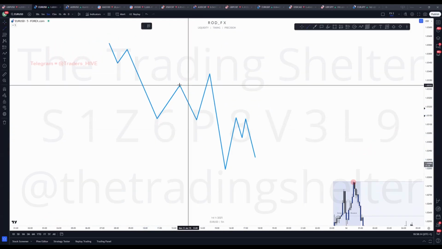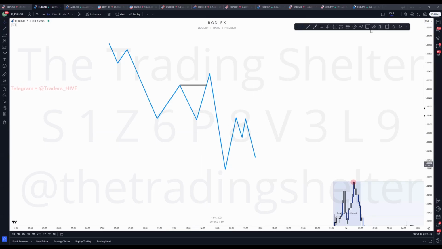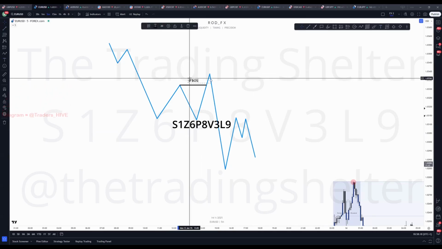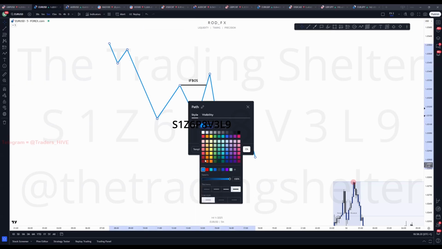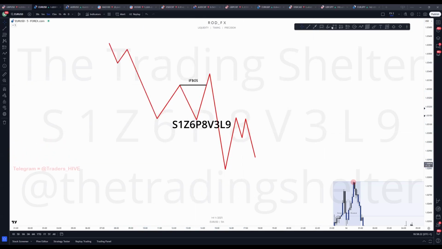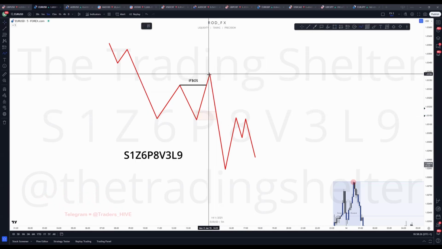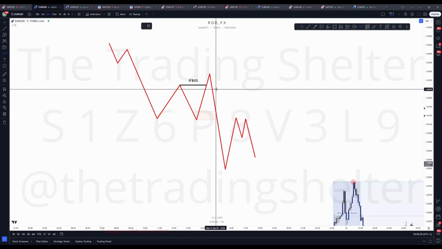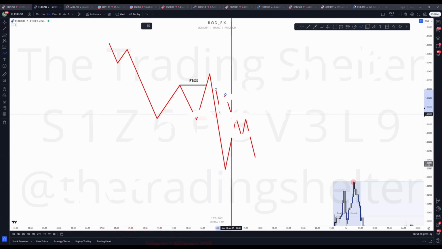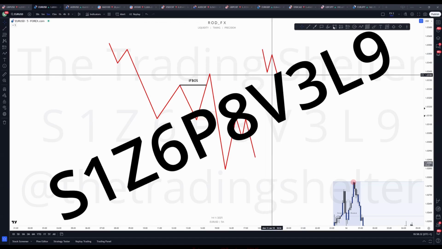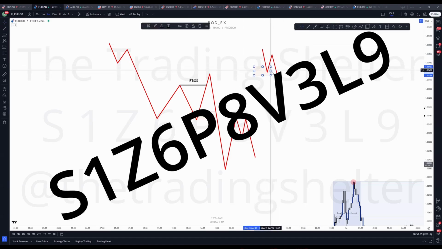I have identified this as an IF boss. Why? Because it failed to make a new low. You confirm, this is the trap here. If we look at it on the lower time frame, price would have done something like this to continue, right? Like this. Right? SMT.